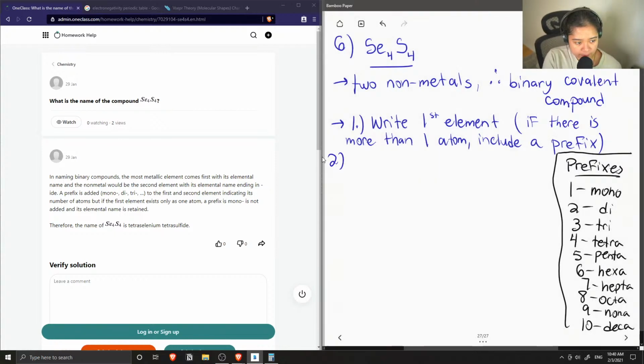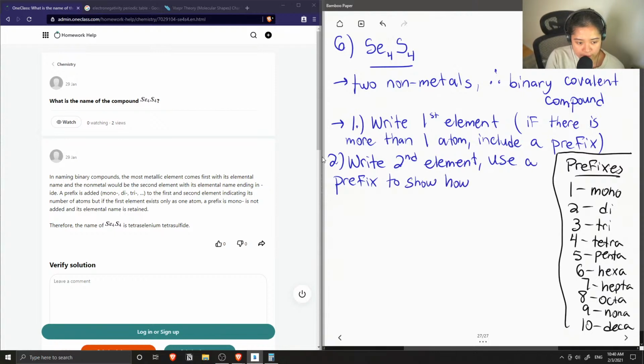So now step 2 is to write our second element. And we would always use a prefix, even if there's only one, to show how many atoms we have.